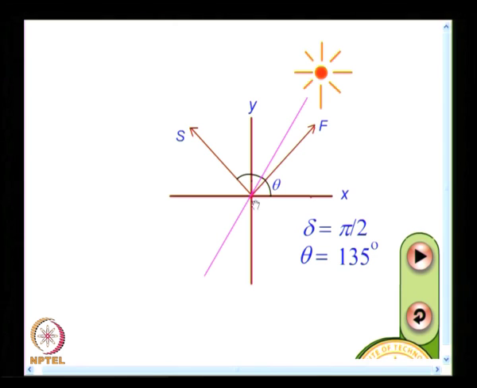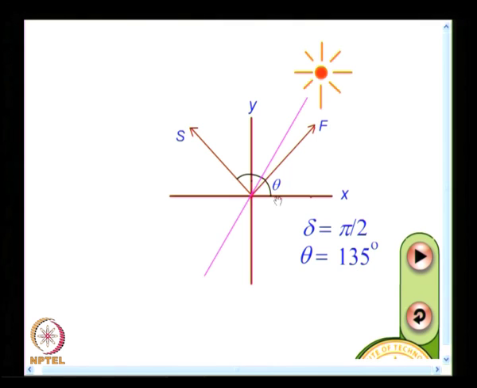So, what I have here is the reference axis as x and y, and a quarter wave plate with slow axis, and when I show theta, I show the reference from the horizontal to the slow axis. Theta is the angle of the slow axis, and the fast axis is represented here. So, when I have a quarter wave plate oriented at 135 degrees, I write delta equal to pi by 2, theta equal to 135 degrees.